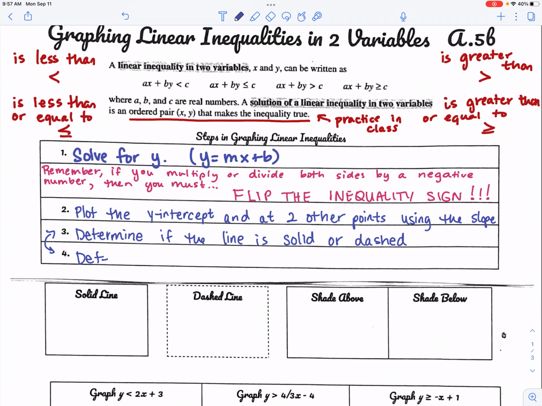And then we also need to determine if you are shading above or below that line. Now, you cannot use these steps unless you solve for y. Determining if a line is solid or dashed and above or below only works if it is in slope-intercept form. So that's why step number 1 is extremely important.